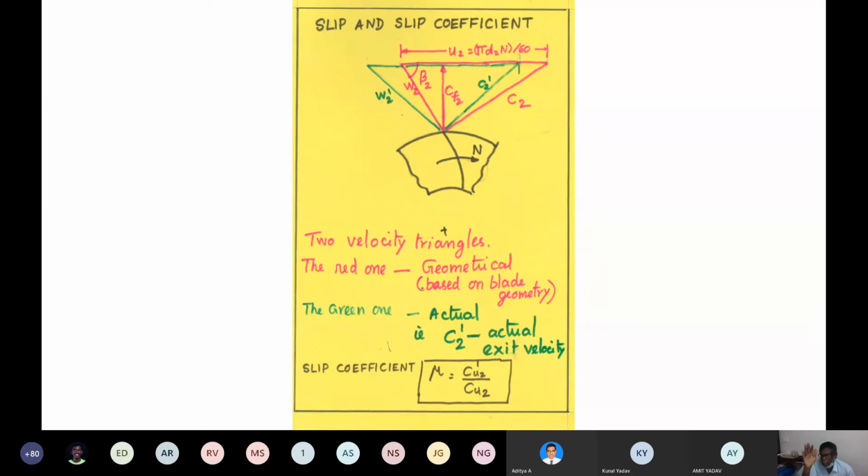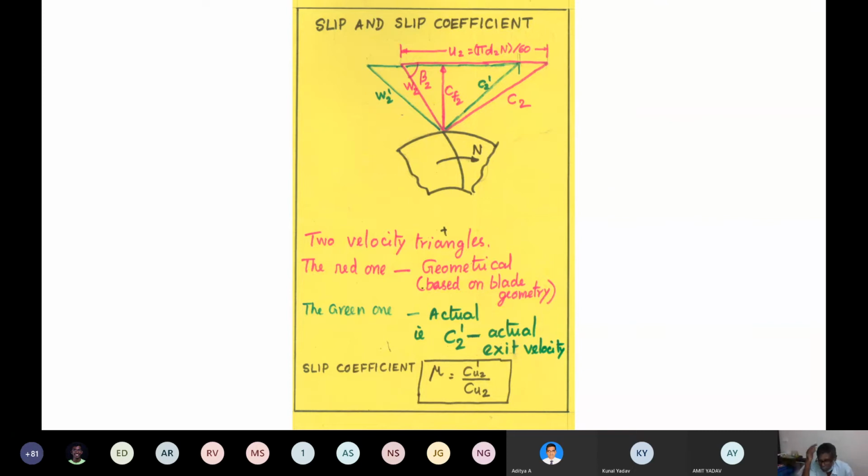So usually, to say that there is no slip, one interesting idea is to think of an infinite number of infinitesimally thin blades. Okay, I'll repeat. Think of an infinite number of infinitesimally thin blades. If that is there, then there won't be any slip.